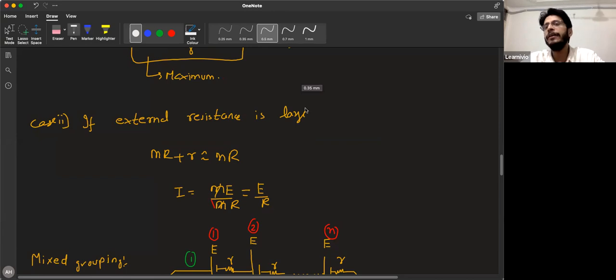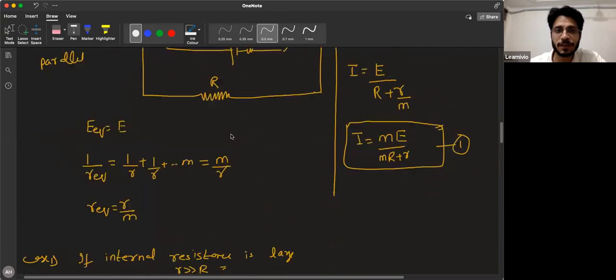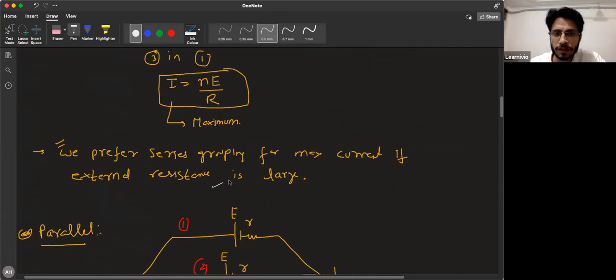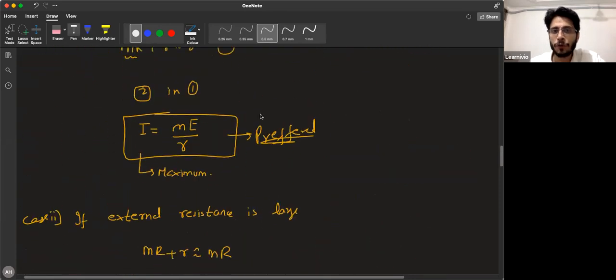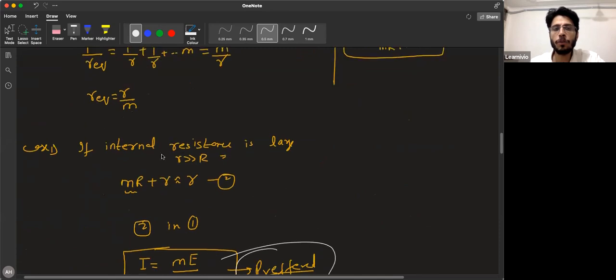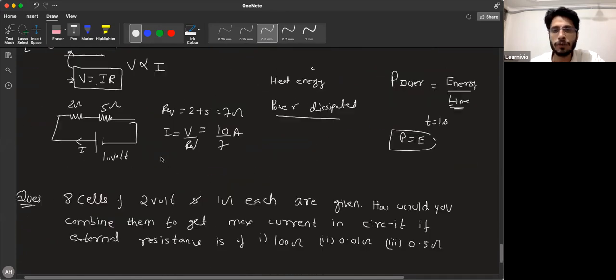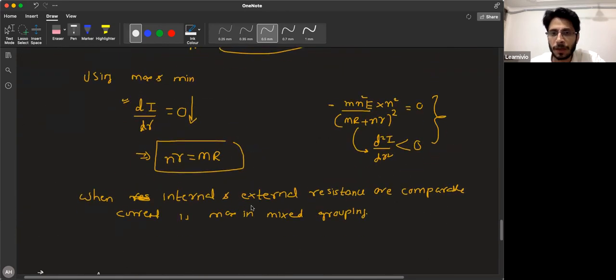When external and internal resistance are comparable. We even write these things explicitly. In series, we wrote that we prefer series grouping if external resistance is large. We prefer parallel grouping when internal resistance is large, and we prefer mixed grouping when internal and external resistance are comparable, because we need maximum current, right? Is it clear?